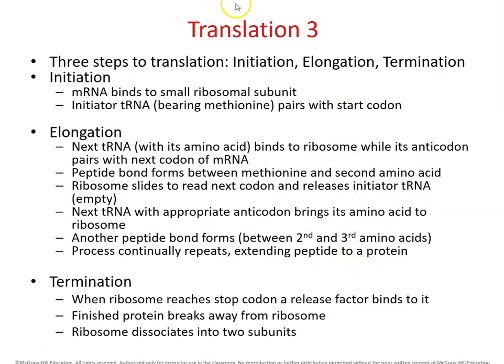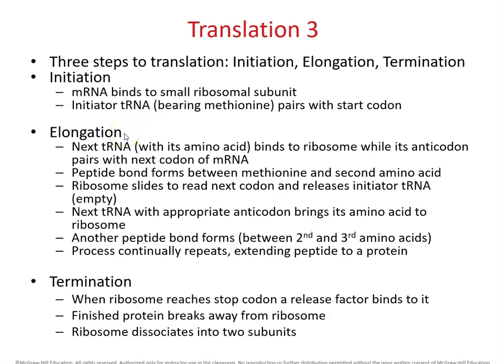Translation, remember, this is the process of turning mRNA into an amino acid chain, which will then be turned into a protein, and it happens in 3 steps. The first of those steps is called initiation, and initiation happens when mRNA attaches to the ribosome, and we have the first start codon matching up with methionine, which is carried by the tRNA.